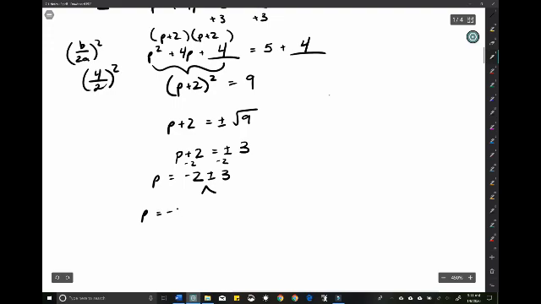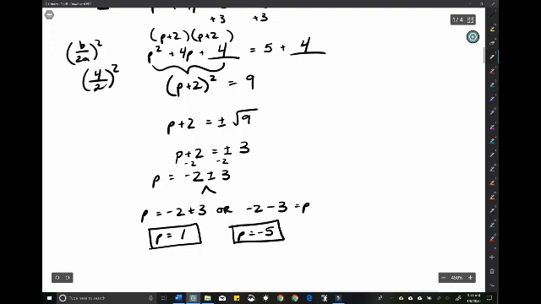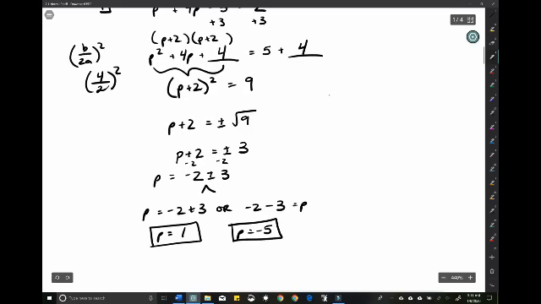P is equal to negative 2 plus 3, or negative 2 minus 3, which means we have 1, or p is equal to negative 5. Okay, so if it can come out to be a whole number or an integer, please take that extra step and do that if you get a perfect square that you can take the square root of.